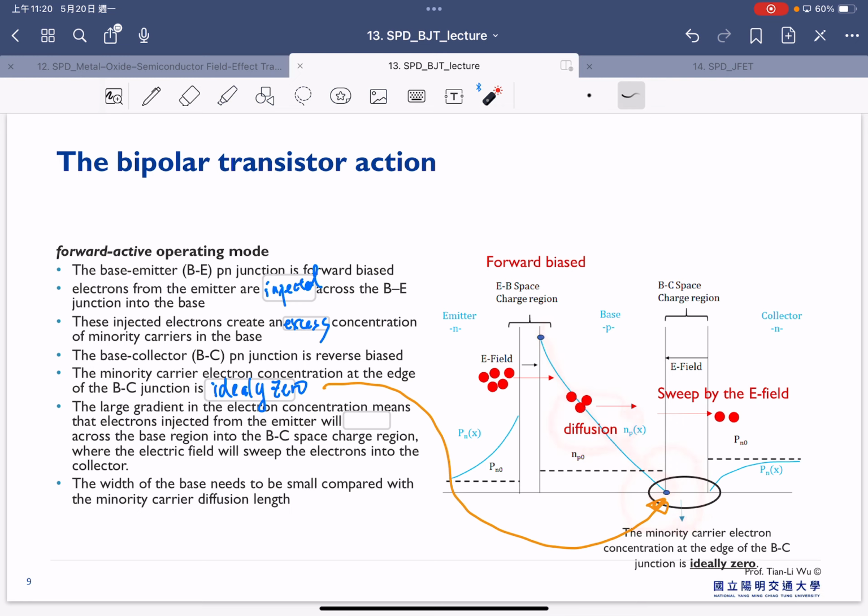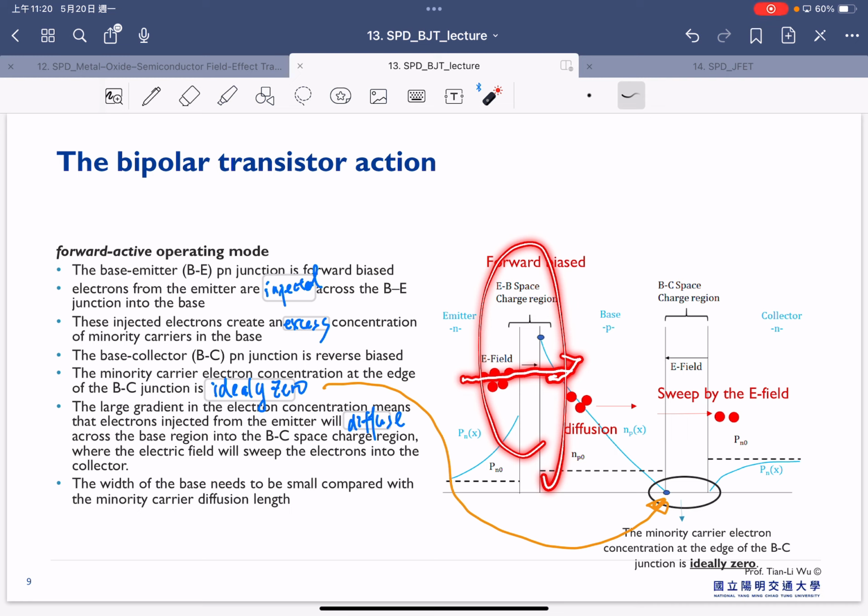The large gradient in the electron concentration means that electrons injected from the emitter will diffuse across the base region into the BC space charge region. So first of all, with forward bias, the electrons can flow from emitter to base.